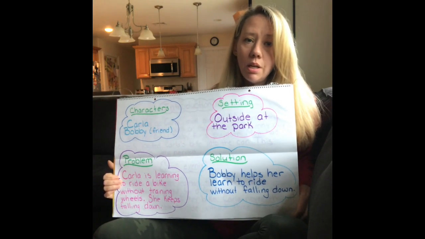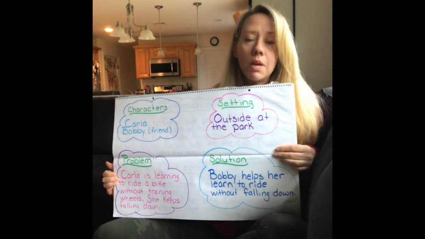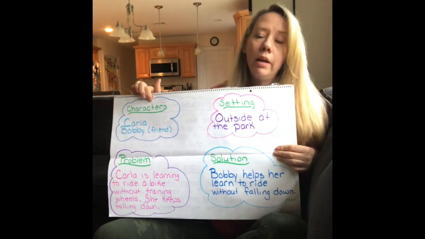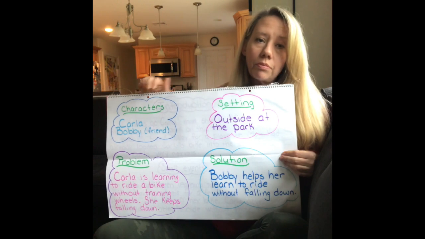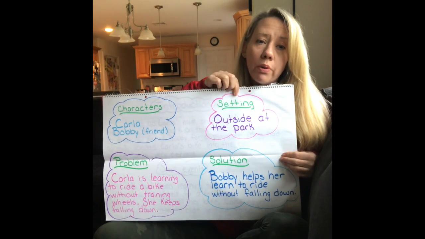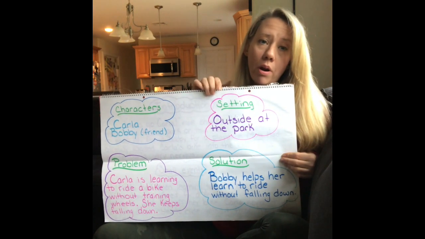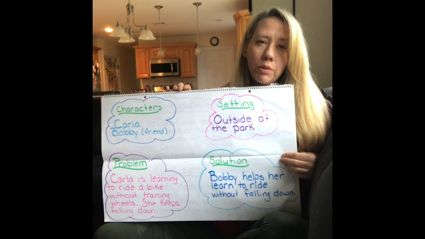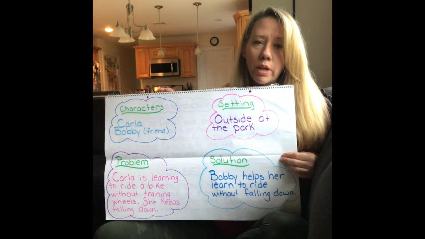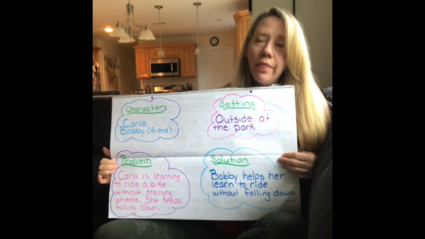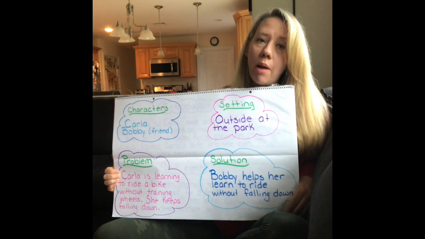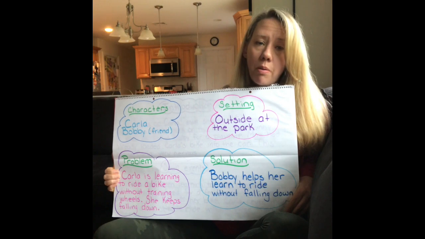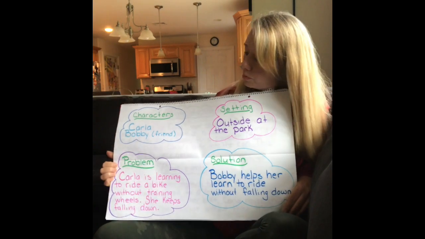I'm so excited. So what I was thinking this week was that Carla and her friend Bobby would be in my stories. The setting of my first story would be outside at the park. A lot of you did outside stories, probably because it's spring and we all want to get outside. Then I was thinking, what could be a really interesting problem that most first graders probably understand or have gone through?